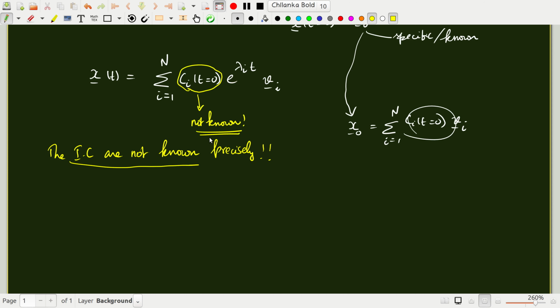If these were not known, can we say anything about whether the system, given a random initial condition which is not known to me, is going to stay close to that initial condition or is going to be unstable? Even if the coefficients of expansion are not known, we can look at the eigenvalues, and if even one eigenvalue lambda i, I'm assuming lambda is real for simplicity, is greater than 0, then the system is unstable.